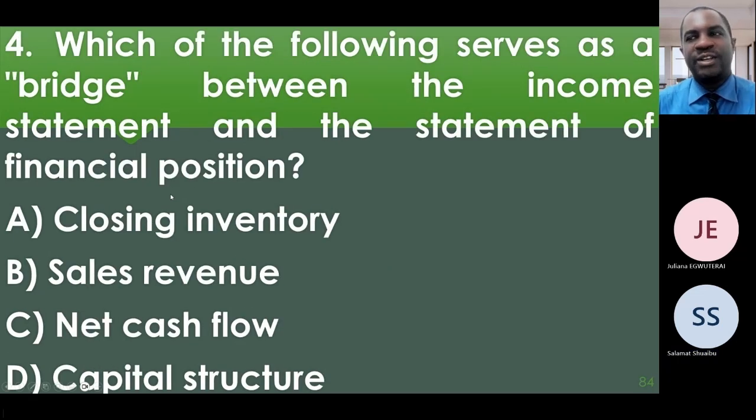Number 4, which of the following serves as a bridge between the income statement and the statement of financial position? A, closing inventory. B, sales revenue. C, net cash flow. D, capital structure. Okay, S is saying net cash flow. Final answer C for you, S. Yes, sir.